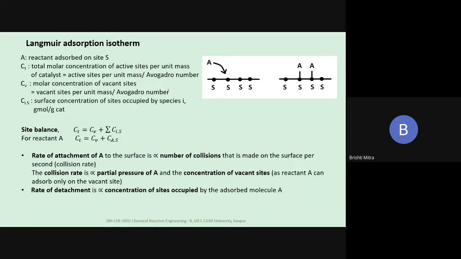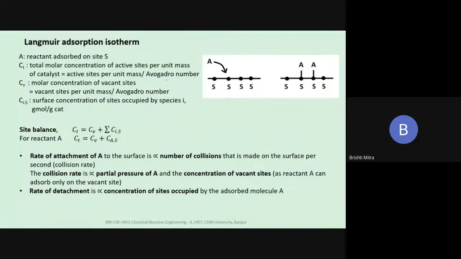And the surface concentration of the site occupied by the species i is in gram mole per gram catalyst. If you do a site balance, the left hand side will be the total number of sites. On the right hand side, you will see how many sites are occupied and how many sites are unoccupied. So this will be the vacant sites plus the summation of the sites that are occupied.